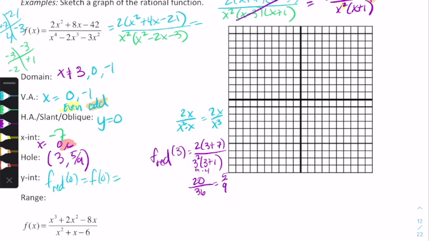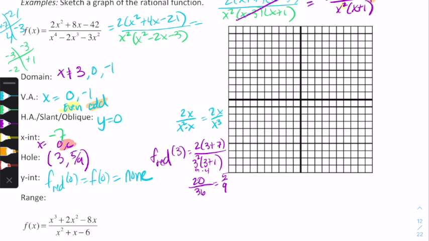If we plug in 0 here, I get 2 times 7 over 0 times 0 squared times 1, which will be divide by 0, so that means there is none. Right? Or if you look over here, we'd have -2 over 0, which is undefined, which means, again, that there is none.